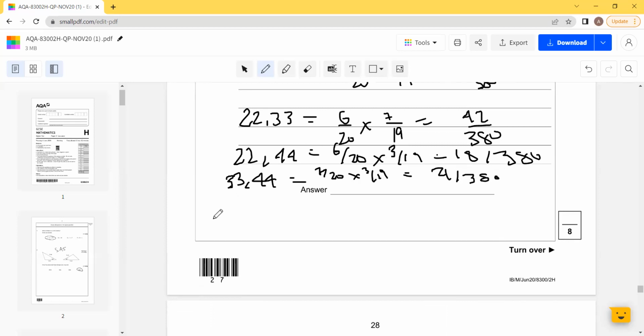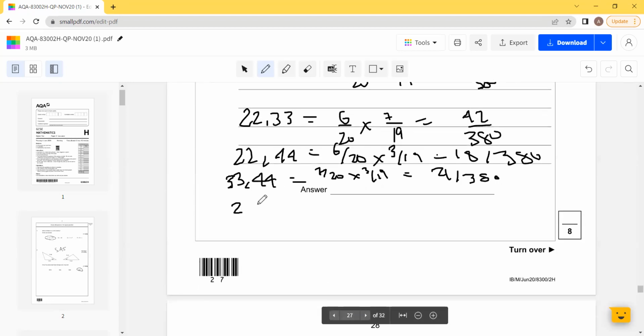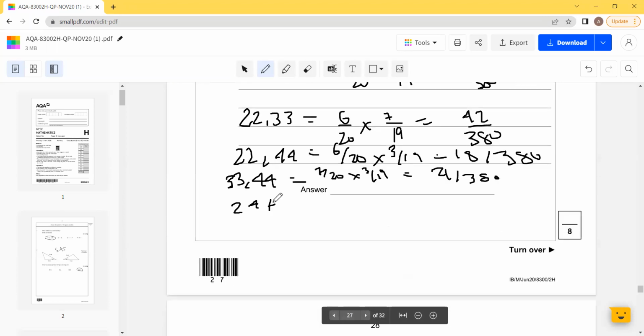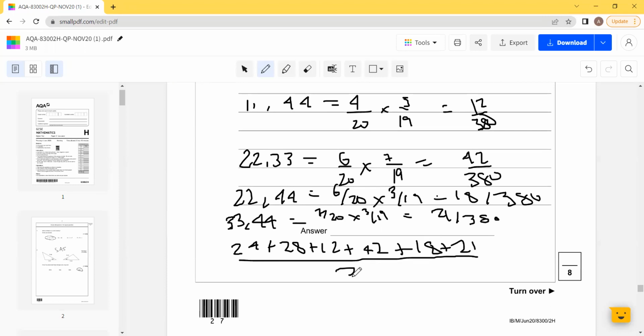Now, all we're going to do is sum all these probabilities. So we have 24, plus 28, plus 12, plus 42, plus 18, plus 21, over 380. Use a calculator to do this.